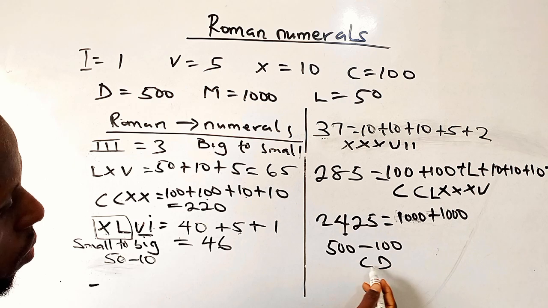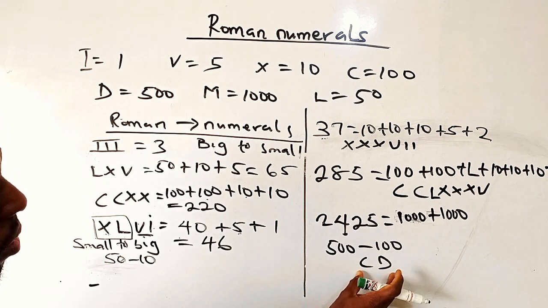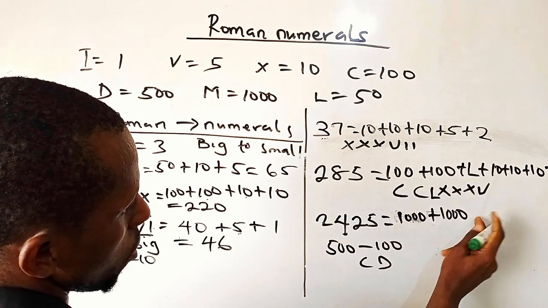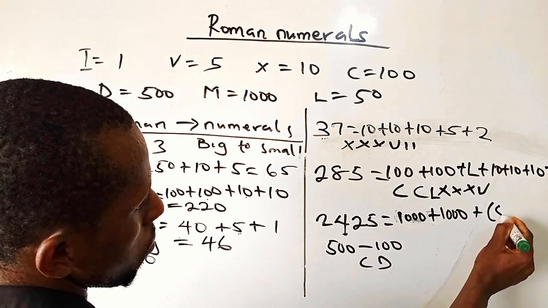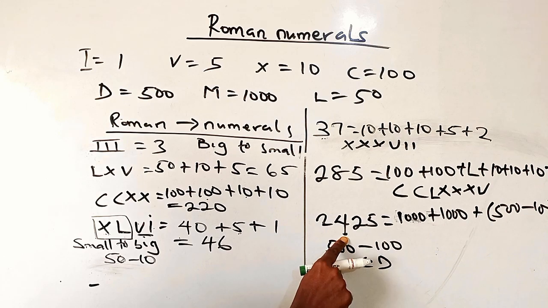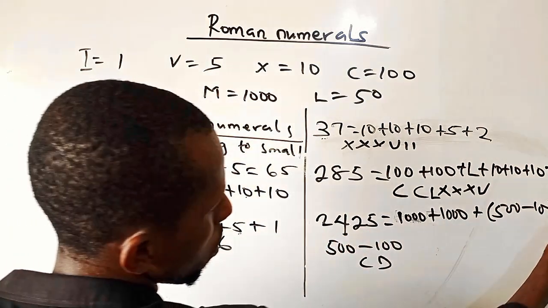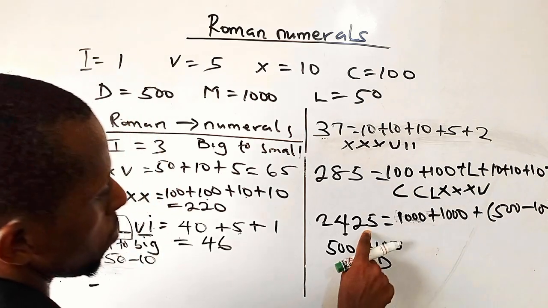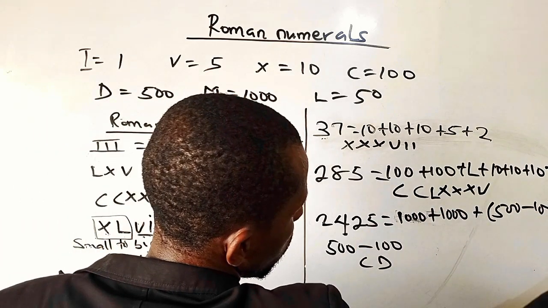You are subtracting 100 from 500, that gives you 400. So I have this in brackets, 500 minus 100, which is 400, plus 20, which is 10 plus 10, plus my 5.